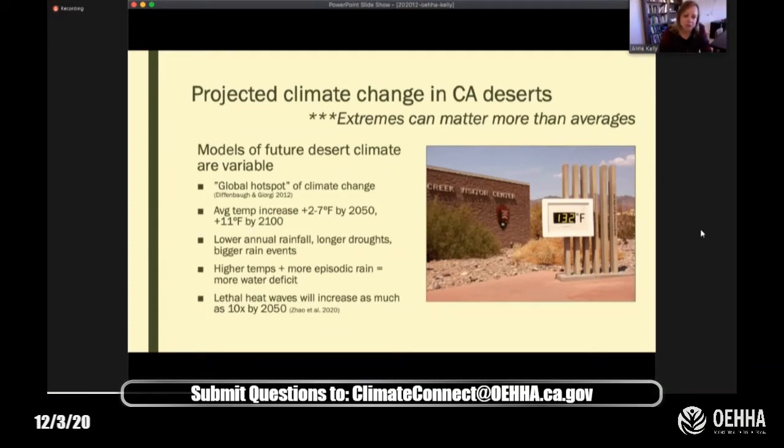So the Mojave, for example, will go from about 15 heat waves per year now to 122 heat waves per year in 2050. And the heat waves will not just increase in frequency, but in duration by about a day. So that means that the majority of the year in 2050 will be considered a heat wave.